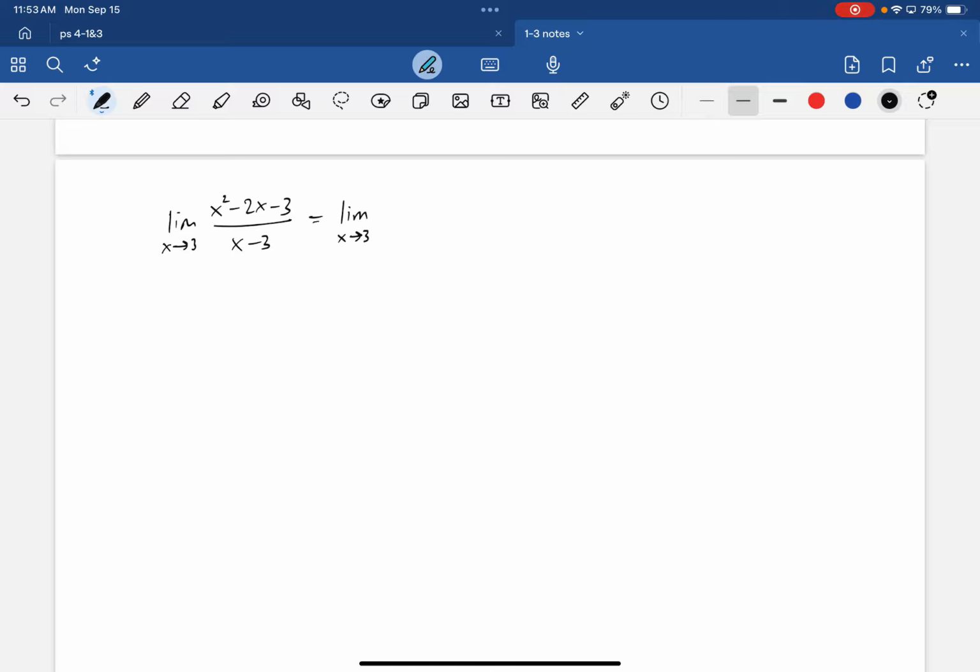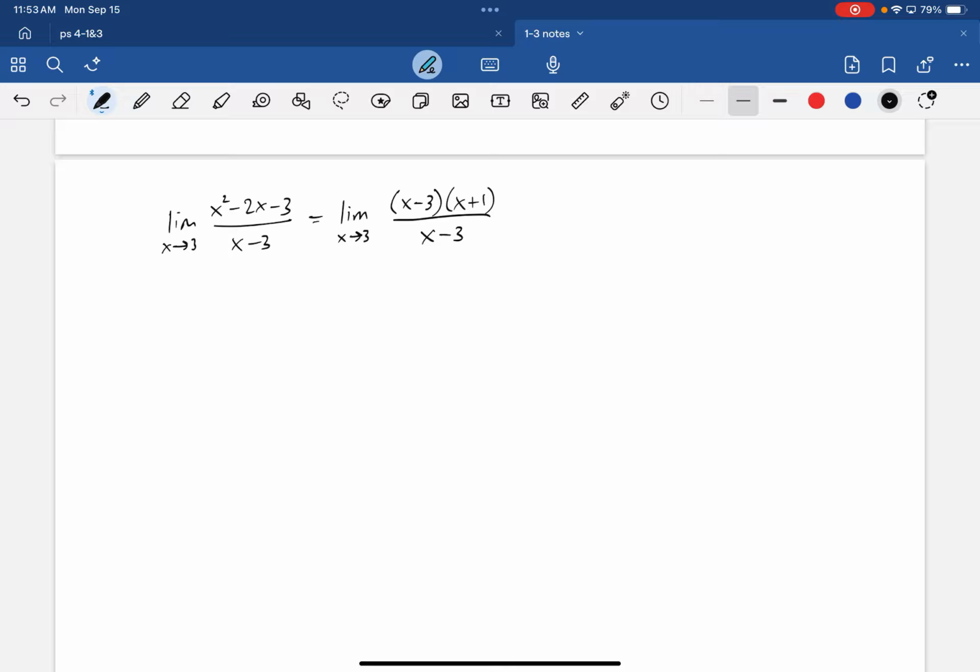Very good. It would be x minus 3 times x plus 1. Okay? It's just hard to do it in your head, but I'm sure you guys could all do it. Over x minus 3.